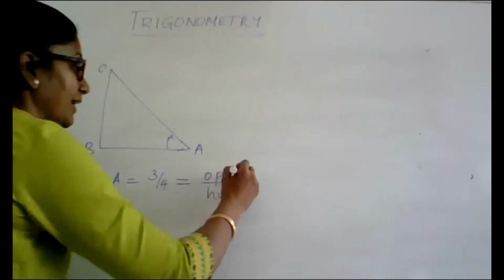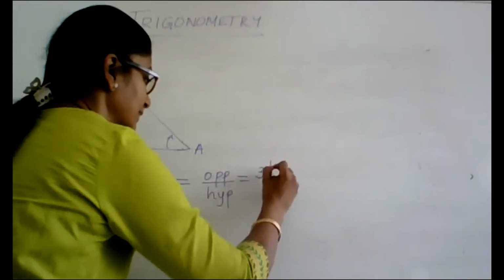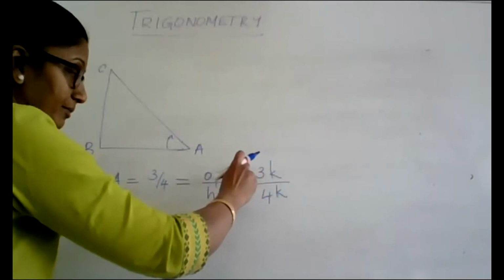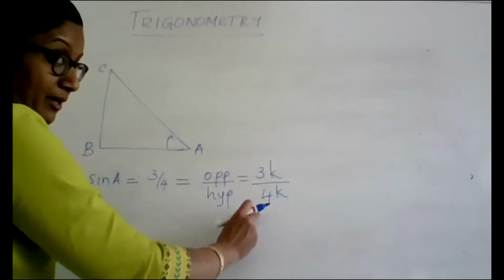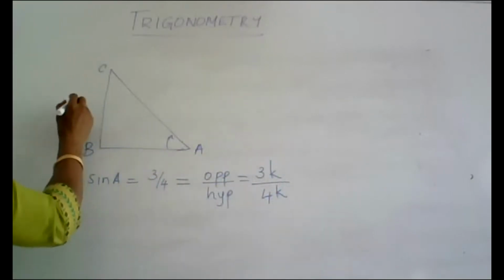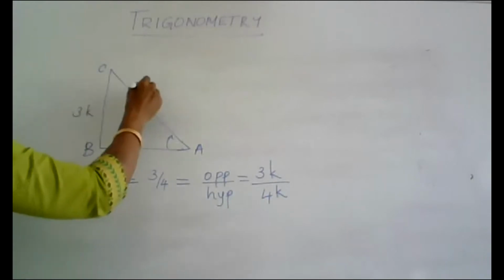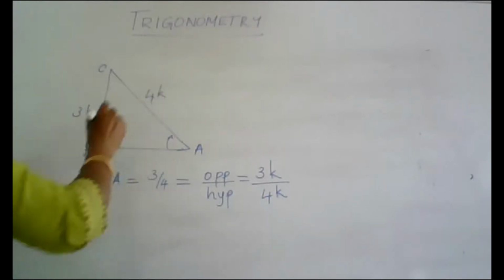Because the original values are not given, I will take my opposite as 3 times some k and the hypotenuse as 4 times k. So that this k and k will cancel, and originally I have a 3/4 only. So I will write the opposite side as 3k and my hypotenuse as 4k.